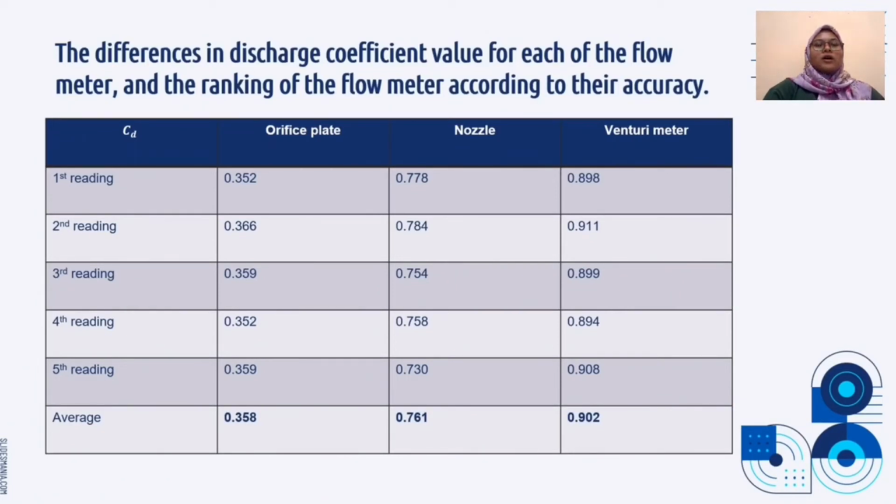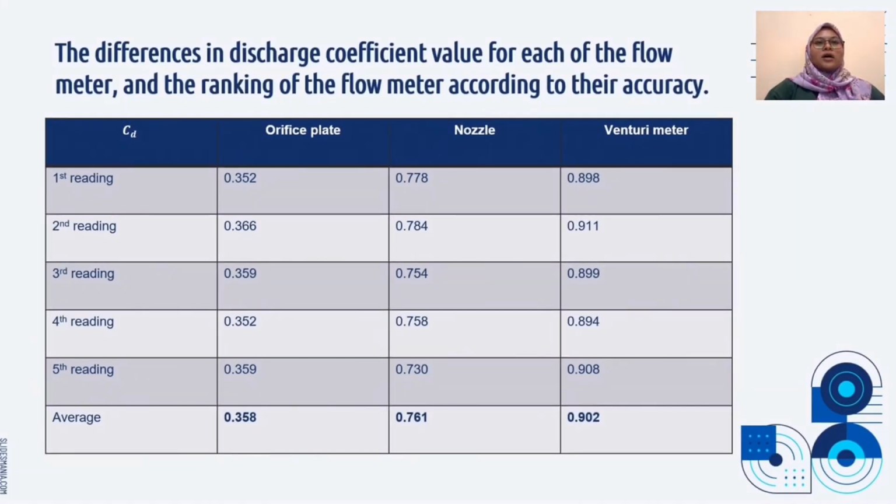We calculate and get the average CD: the orifice plate is 0.35x, the nozzle is 0.761, and the venturi meter is 0.902.